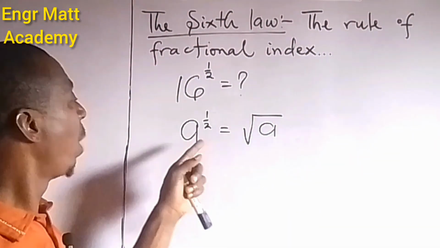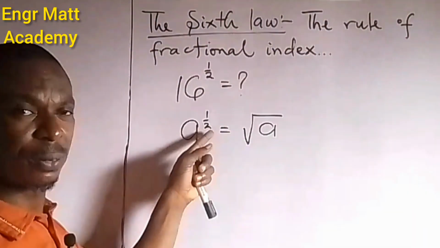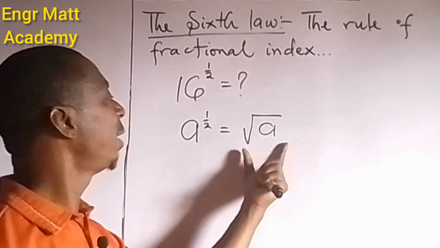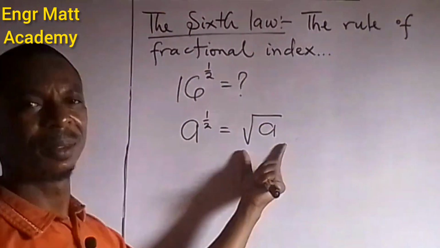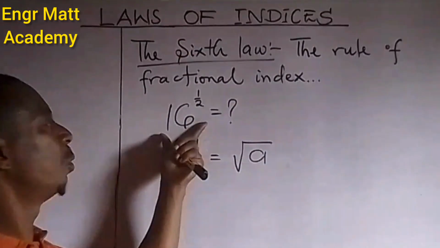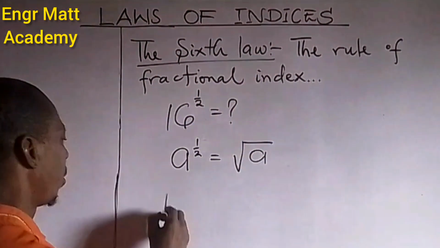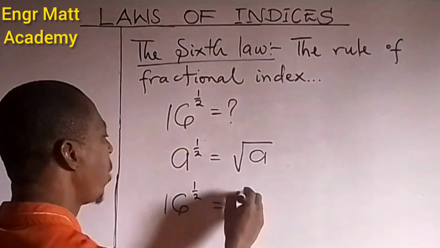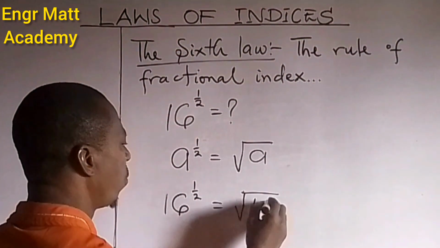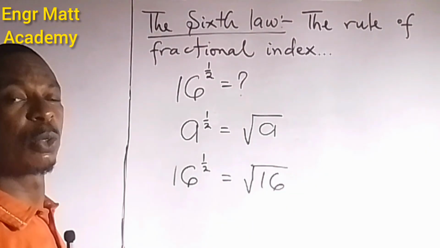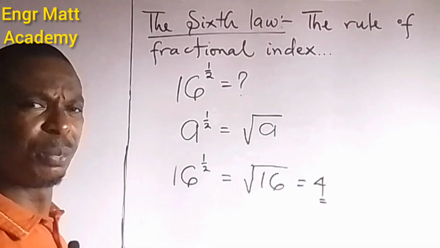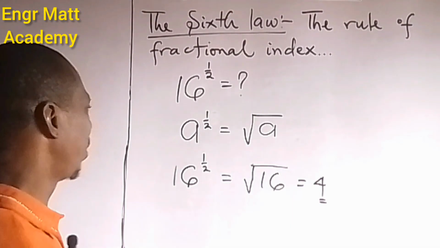It means that when the power of a number is half, or 1/2, all we need to do is to find the square root of that number. So let's apply it to this number. 16 raised to the power 1/2 is equal to the square root of 16. And what is the square root of 16? 4. Simple, right?